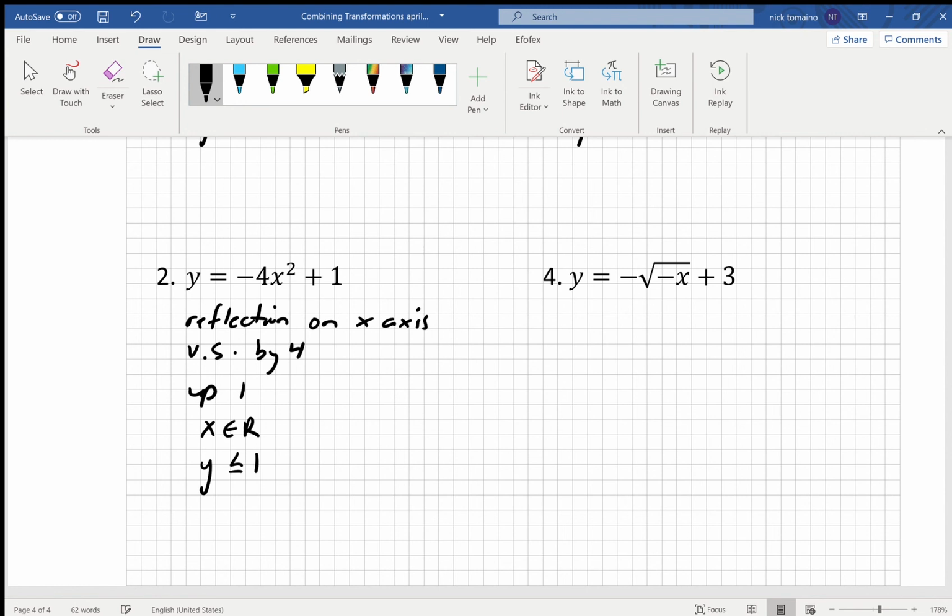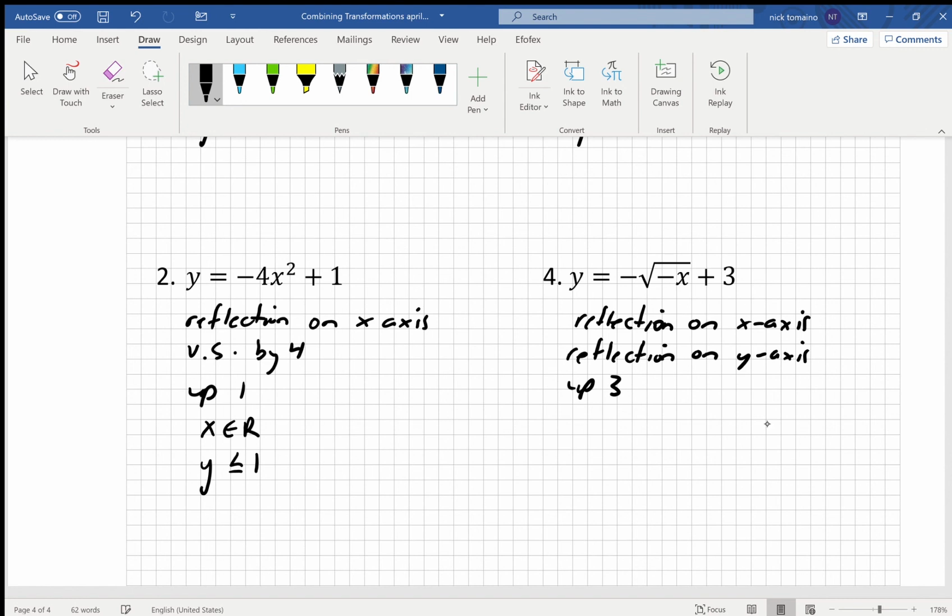Okay, and the last one here, we have a reflection on the x-axis. We have a reflection on the y-axis, and we are going up 3. Okay, now this one right here, it's a little trickier.